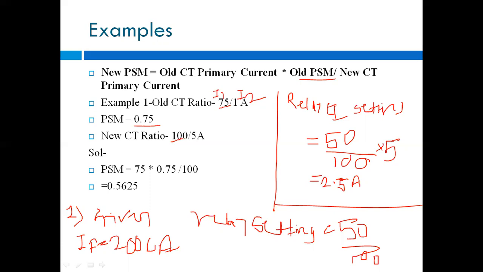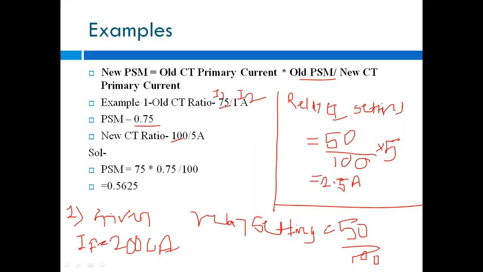As per the given data, PSM, the plug setting multiplier, is equal to fault current divided by your relay current setting into the CT ratio.